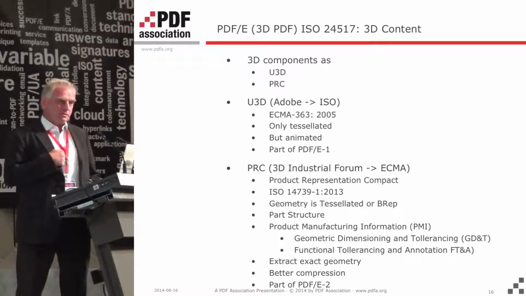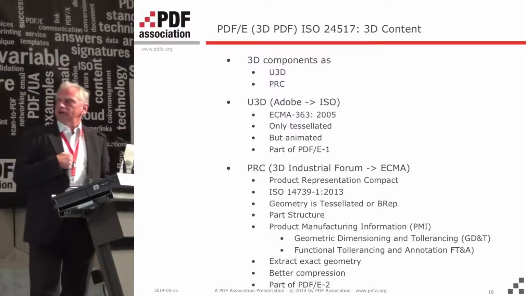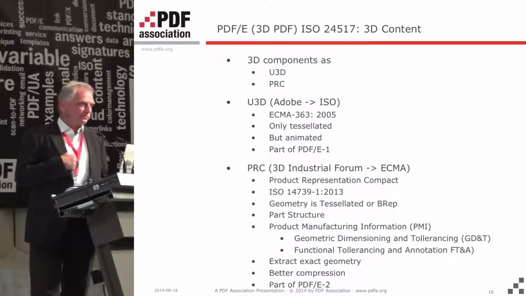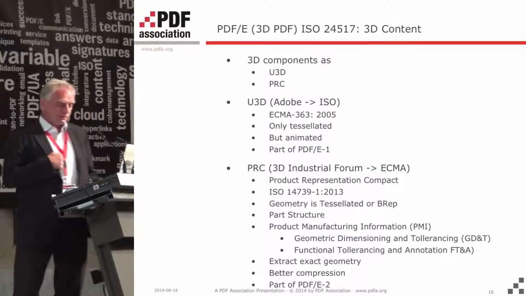You may navigate in a part structure inside that PDF file, and you have product manufacturing information inside that file. This PRC format shows a very good compression. It becomes part of that standard with the second part of PDF E.